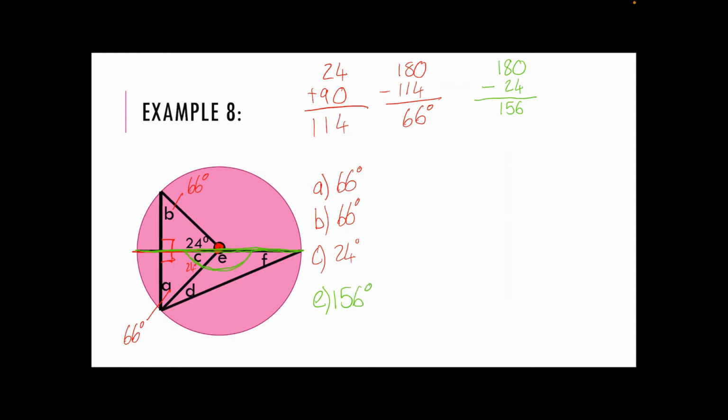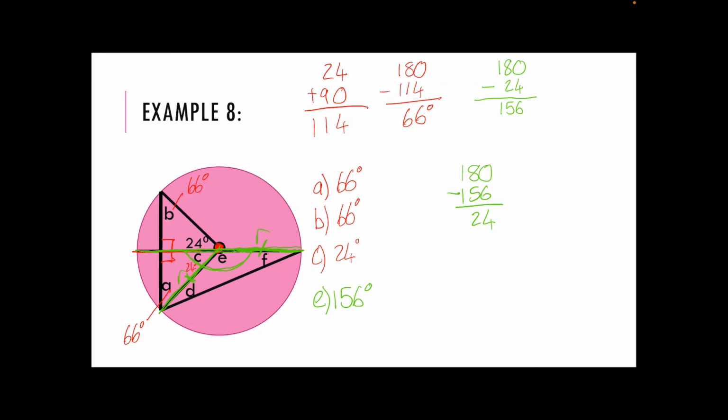I've then got the angle E to angle F. That straight line here is a radius, but this line here is also a radius. So I have another isosceles triangle. I know that D and F are the same size, so 180 take away the 156 of angle E is 24.